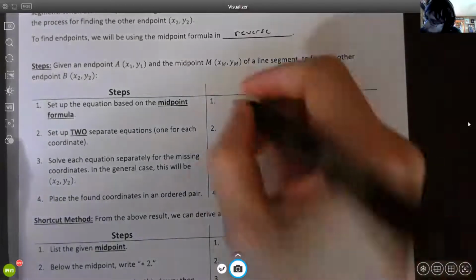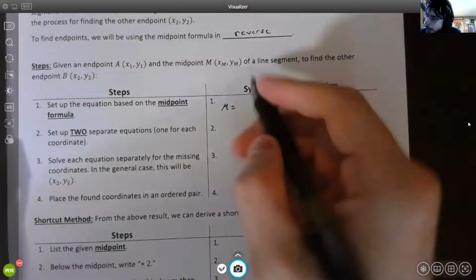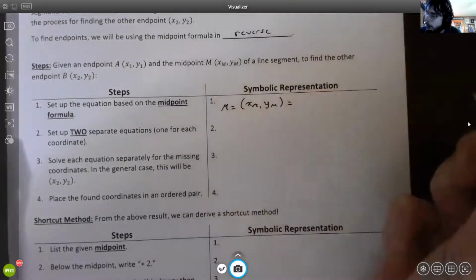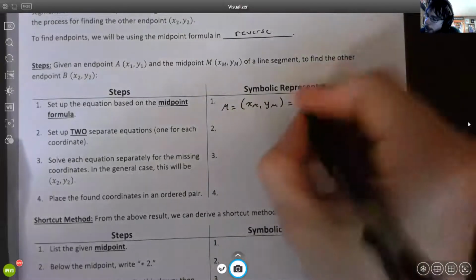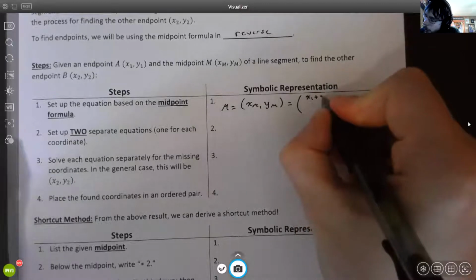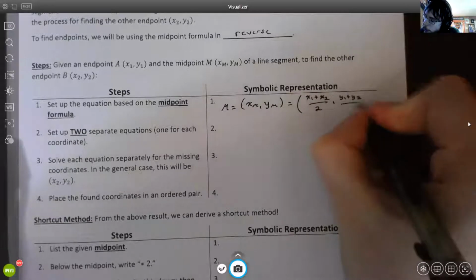So your midpoint formula is M. Now your midpoint is given by the coordinates (x sub m, y sub m). And your formula is (x1 plus x2 over 2, y1 plus y2 over 2).